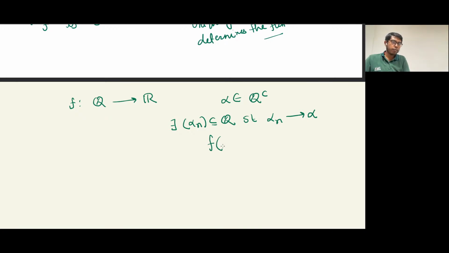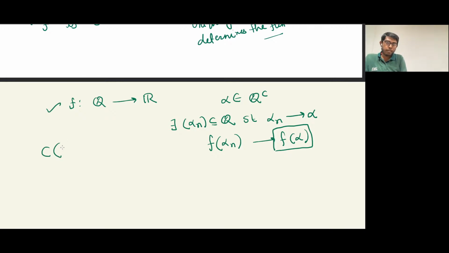Now f of alpha n, by continuity, will converge to f of alpha. And hence we know the value of f of alpha. Therefore we have an injective function from the set of all continuous functions to R to the power Q. But this is just a countable product, so this still has the same cardinality as R.